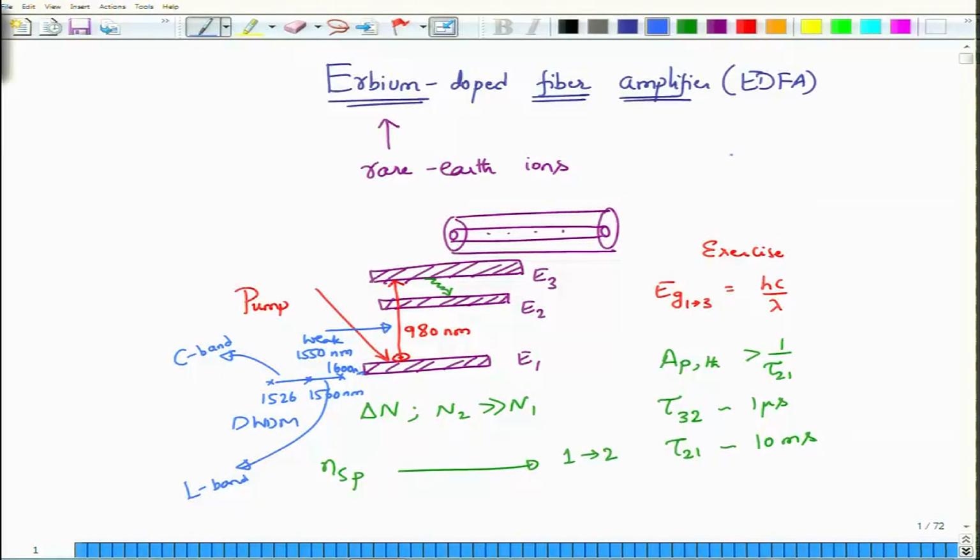They are actually hybrid amplifiers which combine erbium doped fiber amplifiers with Raman amplification to obtain full range of operation from 1500 to 1600 nanometers. So, these hybrid amplifiers are the ones that are actually used to simultaneously amplify all of the WDM channels that are located anywhere between 1500 to 1600.